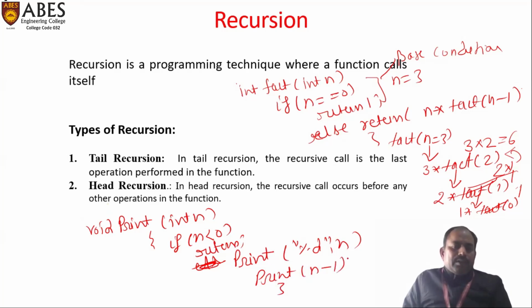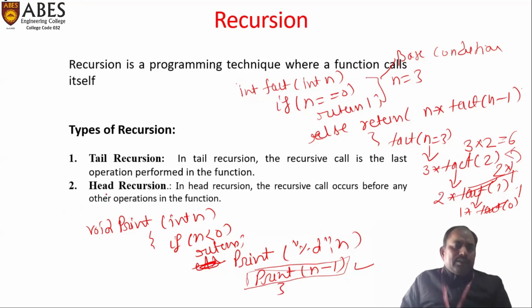Here we have made the recursive call on the last line. After that, we don't have any print operation or arithmetic operation after this function. So this is tail recursion.